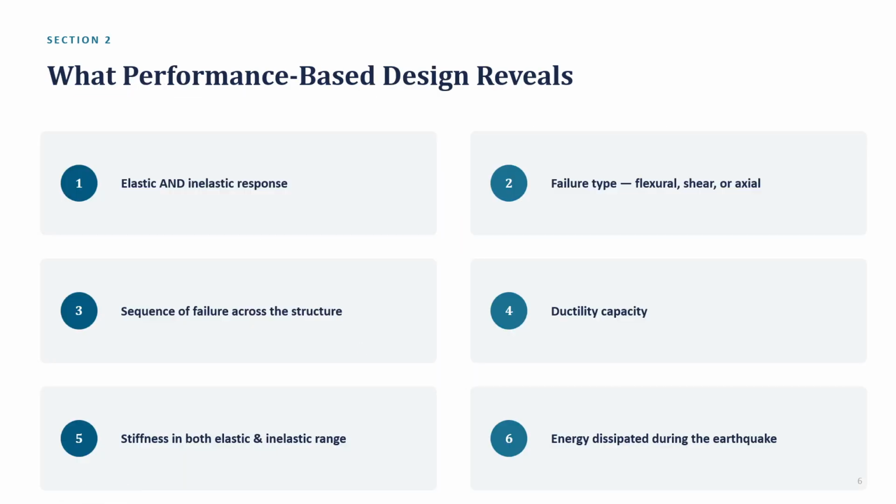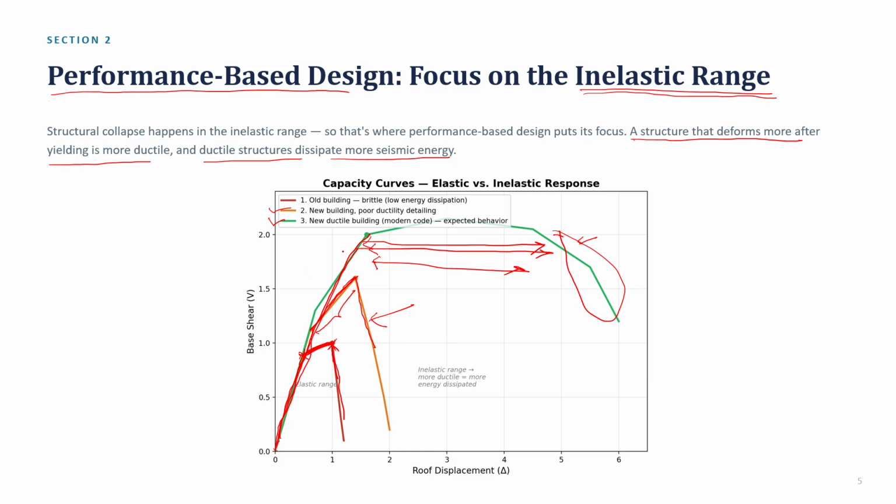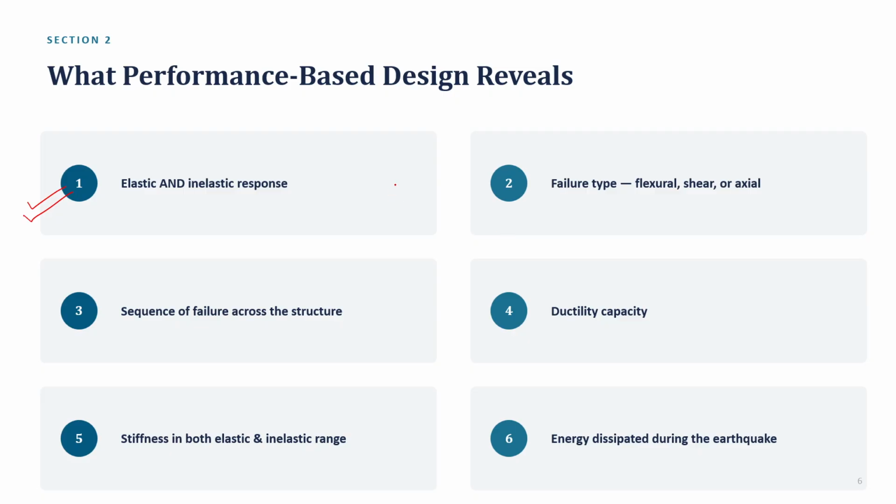So this is what performance based design reveals. This basically gives us the idea about elastic and inelastic response, so we can study both. We can see the failure type, that means whether the particular member is failing in flexure, shear or axial.